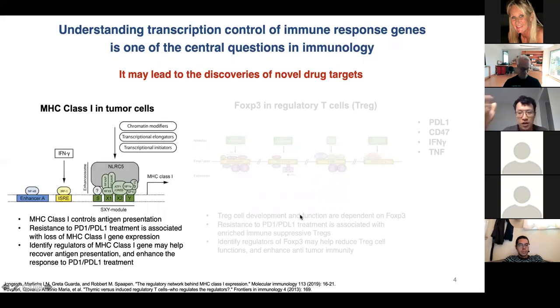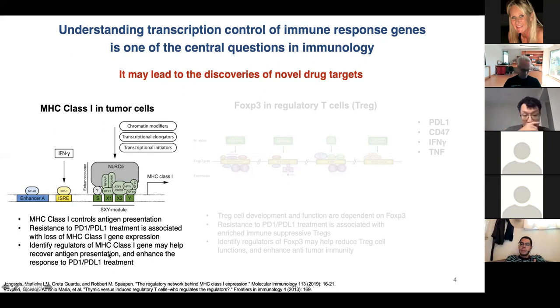Here I'm going to briefly mention two very broad fields on the immuno-oncology side. One is the study of MHC class I genes. This molecule has been found to correlate well with tumor resistance to PD-1, PD-L1 treatment: if you lose MHC class I, you lose the ability to present antigen, so the T cell cannot recognize the tumor cells, and therefore you cannot really kill tumors.